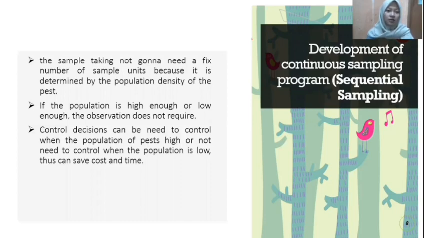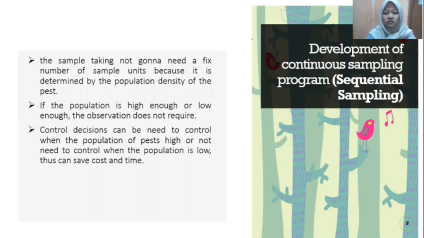If the population of pests is high enough or low enough, the observation doesn't require more sample units to check. Control decisions can be made: control is needed when the population of pests is high, or not needed when the population is low. Thus it can save cost and time.